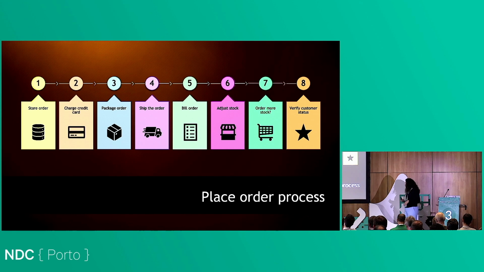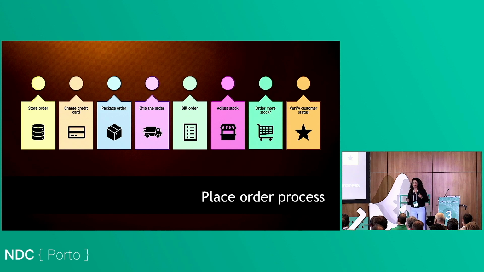So one of the things that I try to do consciously is immediately remove any ordering, any arrows from my mind, and start basing those answers on questions. One of the things we could ask ourselves is, which steps of this process naturally happen at a different point in time? We could say, well, clearly packaging and shipping, because that requires some type of human intervention, and stuff has to be put in a box.